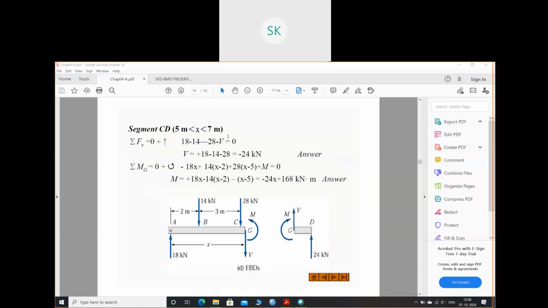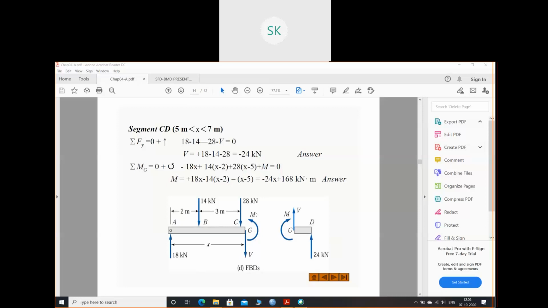So for 5 to 7, this is the right hand side. If I make a section, this is the left hand side and this is the right hand side. As I'm taking from the left hand side, I'll start with the left hand side only.